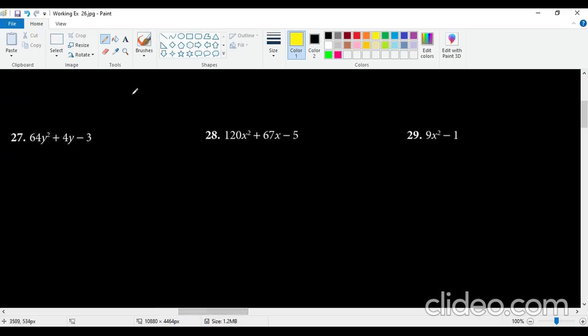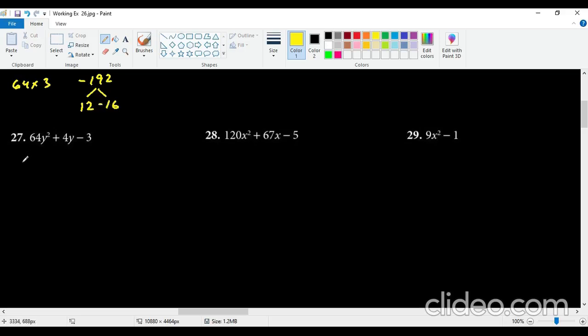In here 64 times 3 is going to give us 192, negative 192. Now in 192, we need to split this in such a way to get a plus 4. So the only way is 12 times 16, and plus 16x and minus 12x are going to be the factors for this.